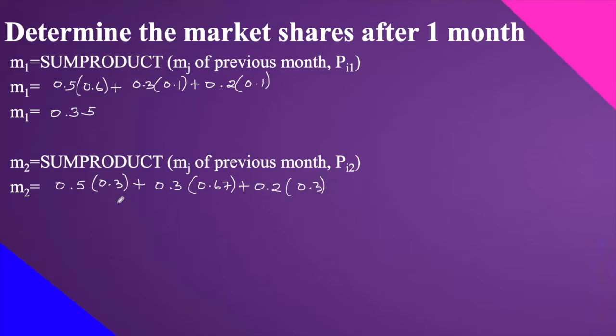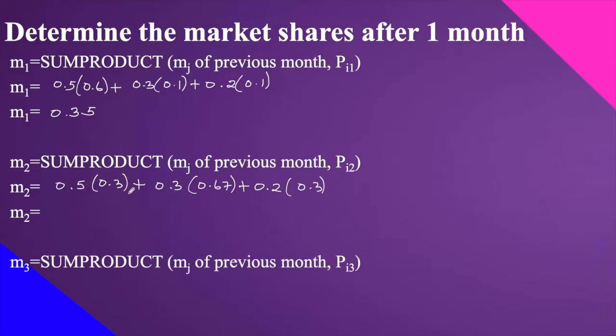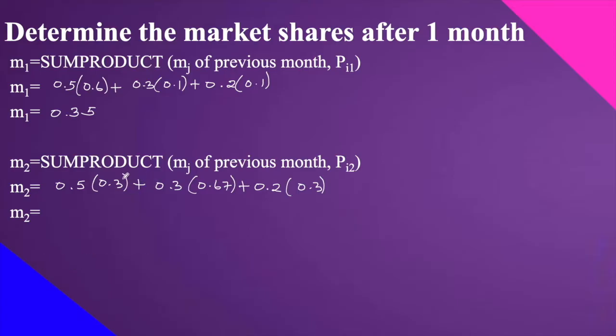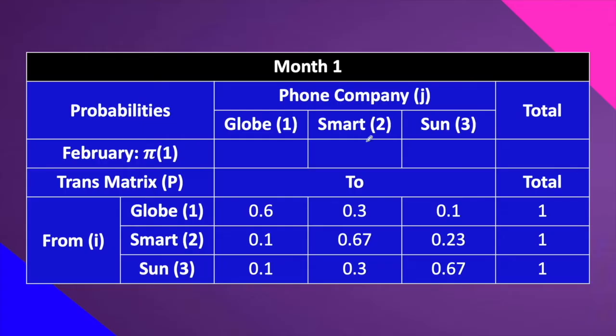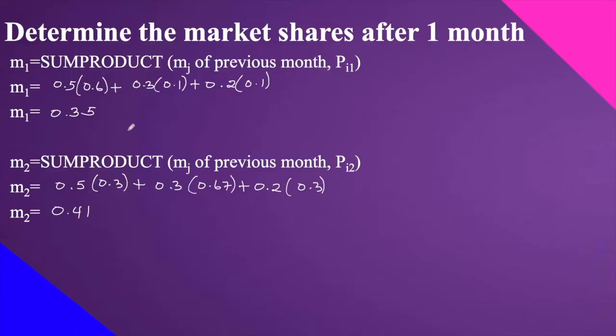If you use your calculator, this leads to a total of 0.41. And this states that the market share of Smart after 1 month is 41%. We can write it here, 0.41. And for Globe before, that is 0.35.